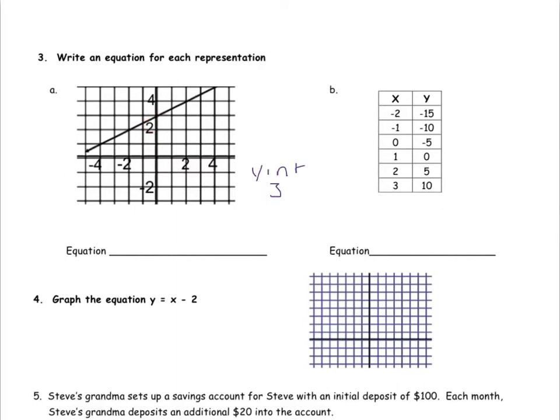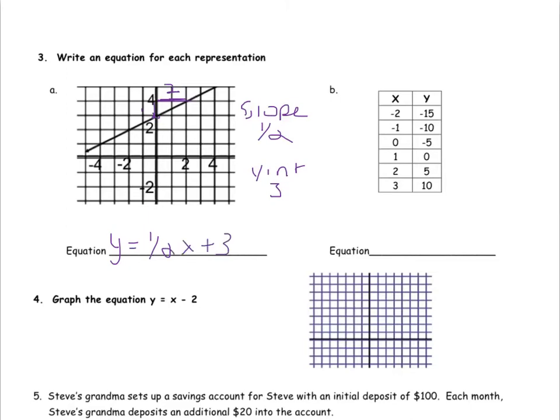I highly suggest, and I said this in class, that you actually pull out the slope and the y-intercept first and then write the equation. From this point, 3, I had to go up 1 and over 2. So that means my slope was 1/2. So y equals 1/2 x plus 3.